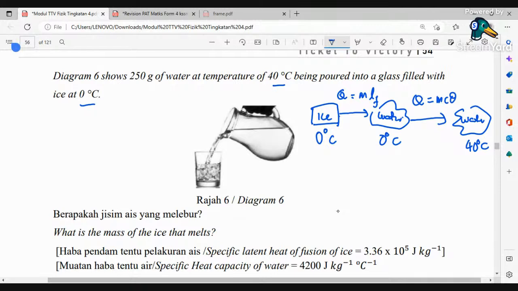Means there are two types of heat here. Latent heat to melt the ice and heat capacity to increase temperature. So ada dua jenis, Q1 and Q2.